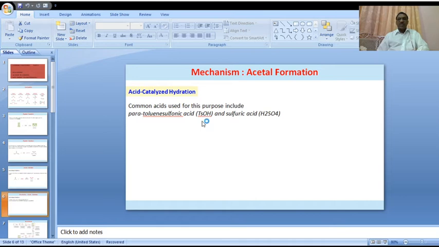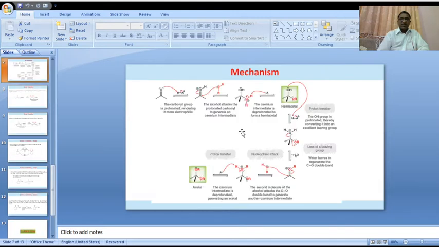We can also use sulfuric acid as a catalyst in this acetal formation reaction. Now we will go to the actual mechanism.